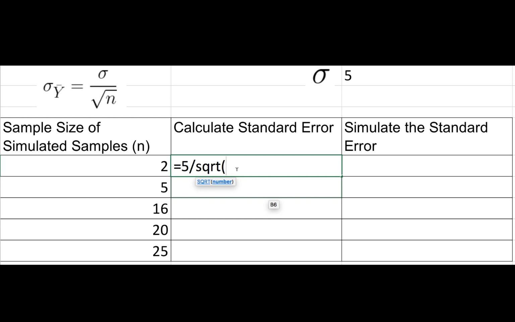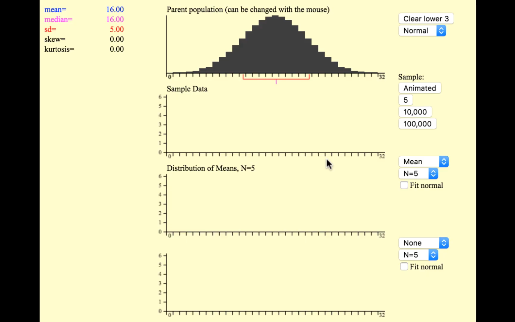Excel also has functions, and square root is exactly the same function. I'm going to say square root of 2, my sample size. And then when I hit enter, Excel is just going to calculate it for me. It's going to be 3.54. Do you think I would get a standard error of 3.54 if I simulated this?